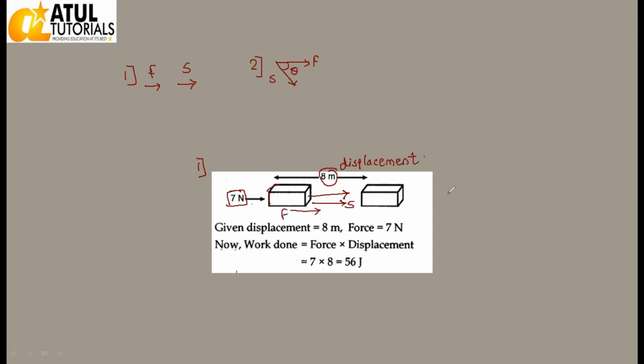So we are going to use the formula work done is equal to force into displacement. Force value is given 7 Newton. Displacement is 8 meter. So 7 into 8 will get 56 joule. Joule is the unit for work done. So 7 into 8, 56 joule will be the work done for this first example.